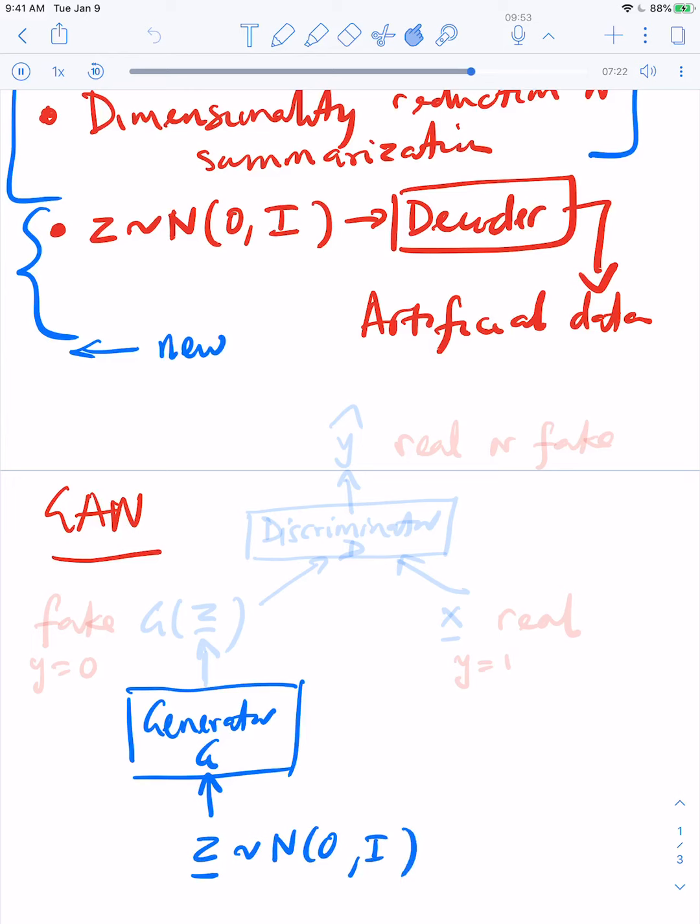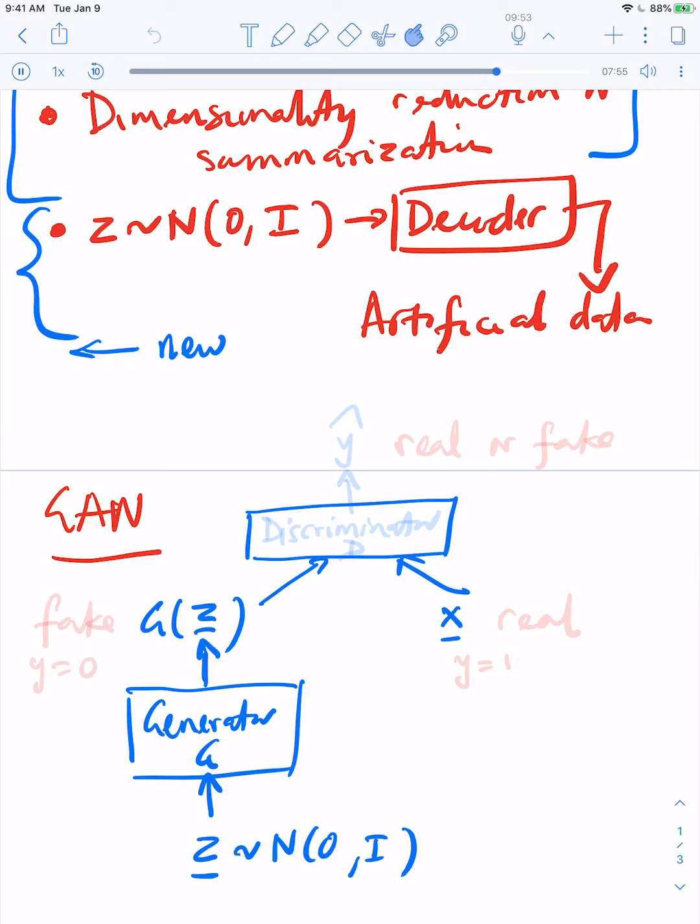Suppose I say Gaussian with zero mean and white covariance. That's basically the equivalent of a decoder, and that generates artificial data, G of z. I don't worry about the inverse mapping, but I say, look, I'm going to train something that tries its best to distinguish between this artificial data and real data.